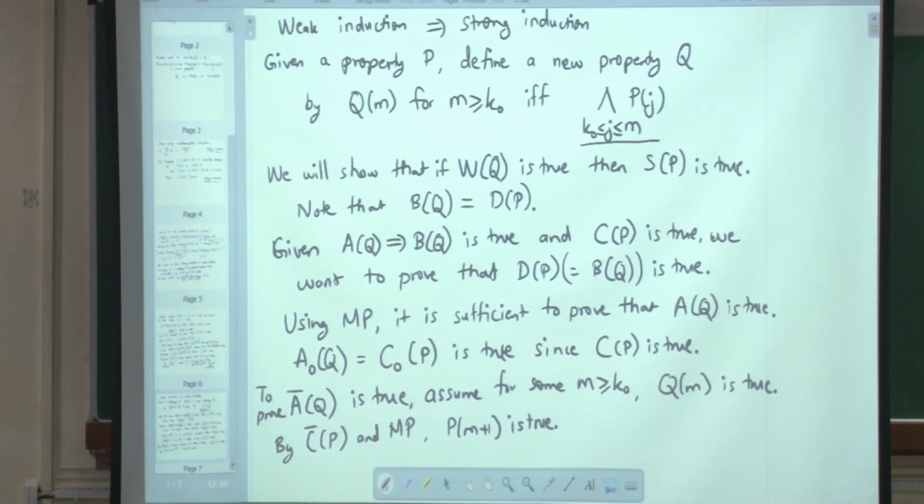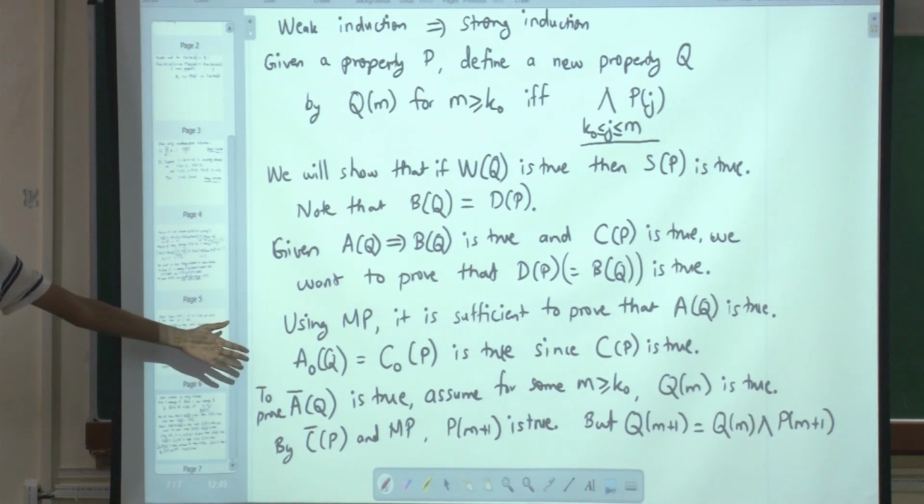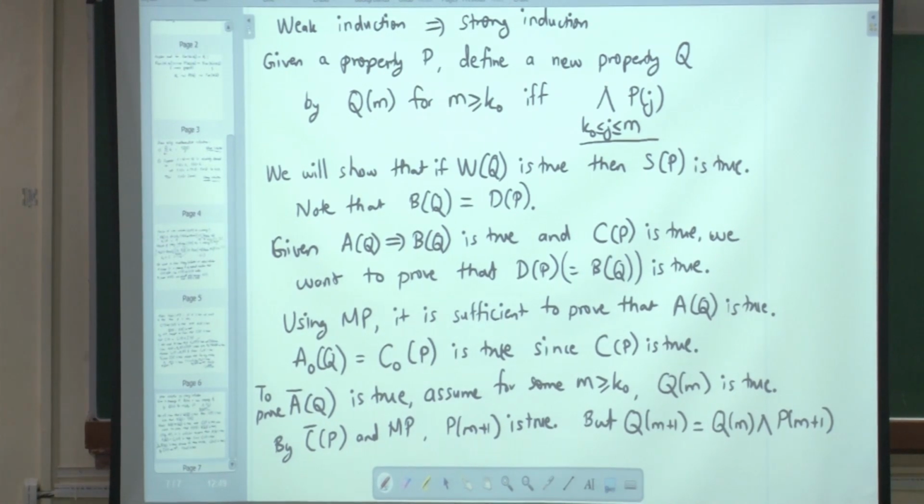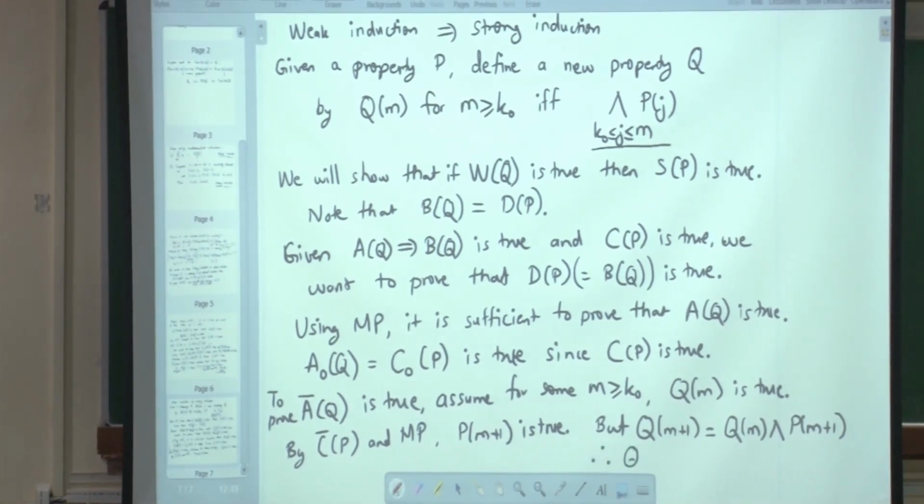But Q of m plus 1 is actually Q of m conjunction P of m plus 1. Now Q of m is already assumed to be true. We have proved that P of m plus 1 is true, and therefore Q of m plus 1 is true.